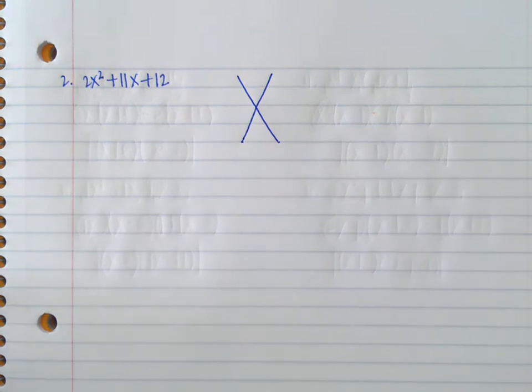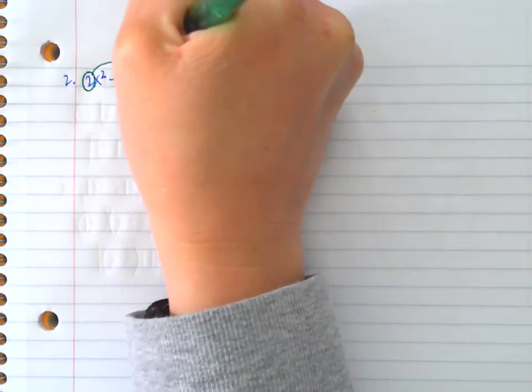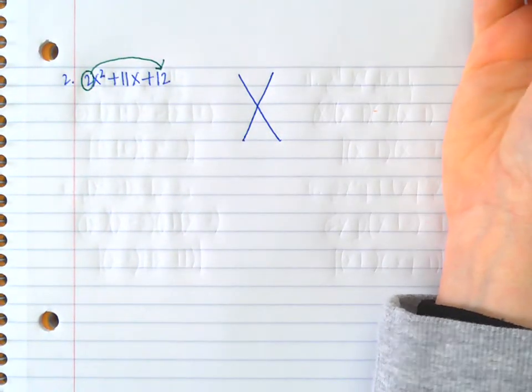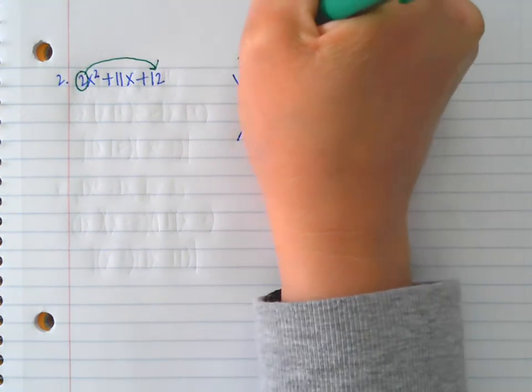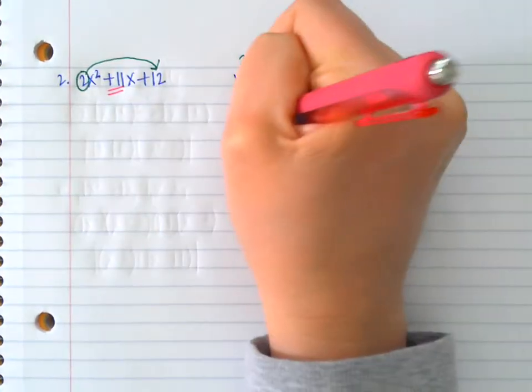And then remember, what goes on top is a times c. So 2 times 12. 2 times 12 is 24. And then my bottom is my b. Bottom is b, 11.